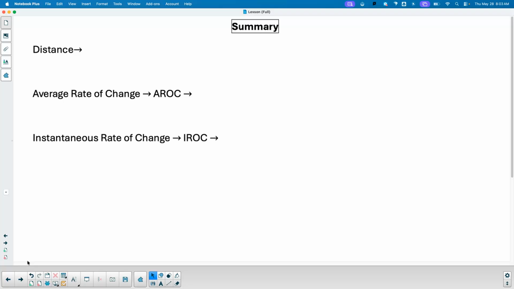So distance. If I'm trying to find the distance, I just plug it into the function, right? Yep.